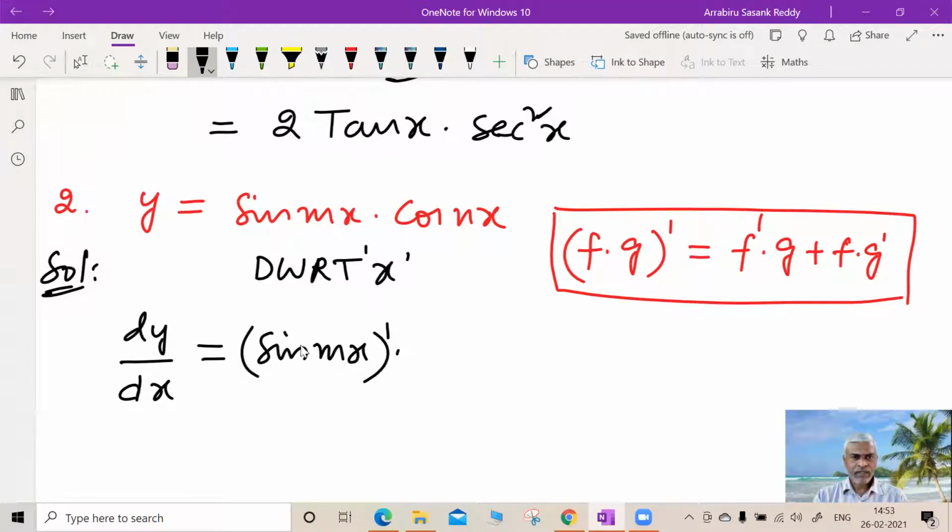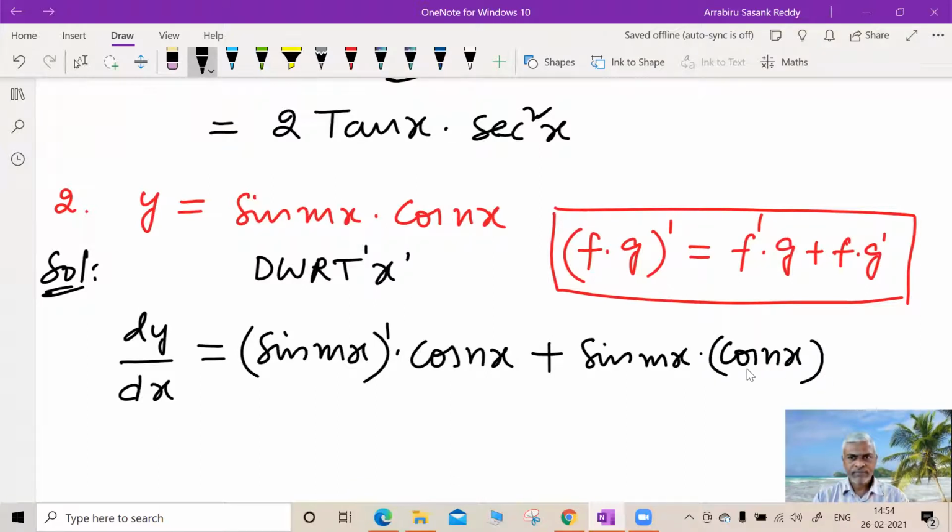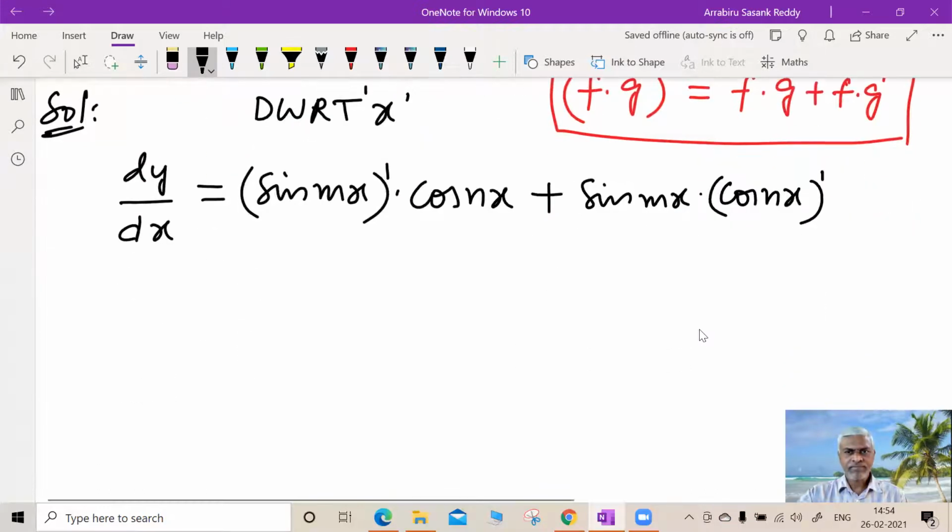Only first we differentiate first function and second function as it is, plus first function as it is and differentiation of second function. In the first term we differentiate the first function, in the second term we differentiate the second function. So this is the product rule.